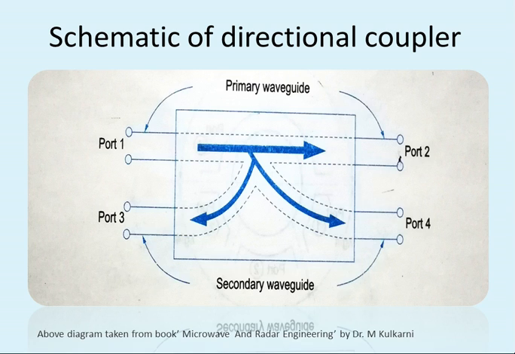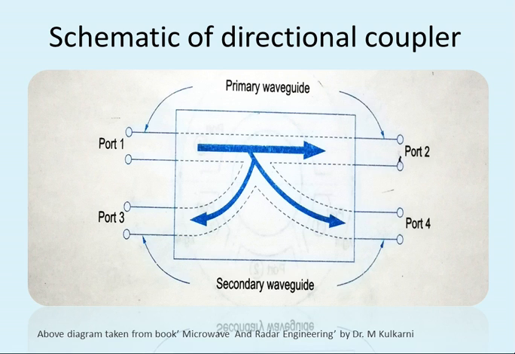Let us consider schematic diagram of the directional coupler. As you can see, it's having a main primary waveguide and a secondary waveguide. So the difference between magic T and directional coupler is that magic T is hybrid or 3 dB coupler.